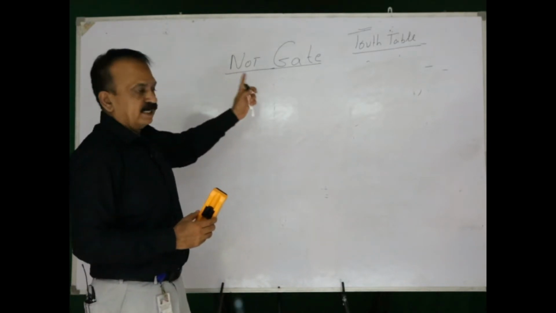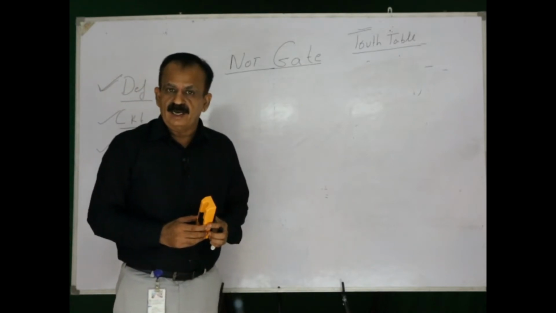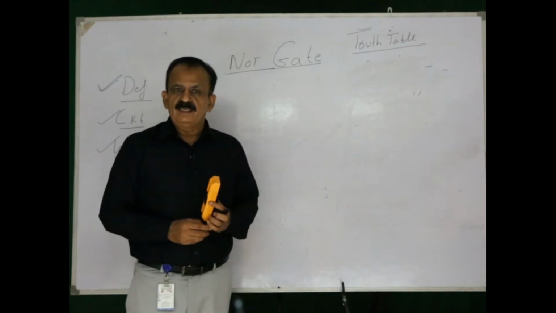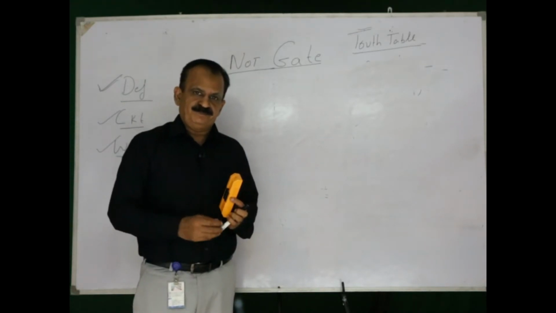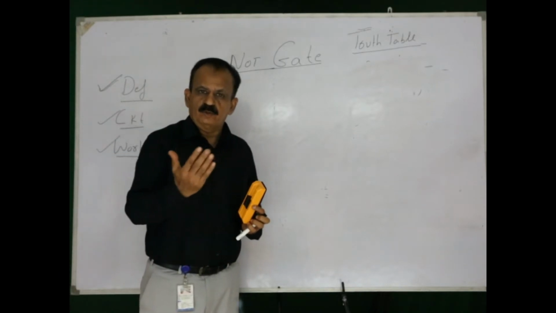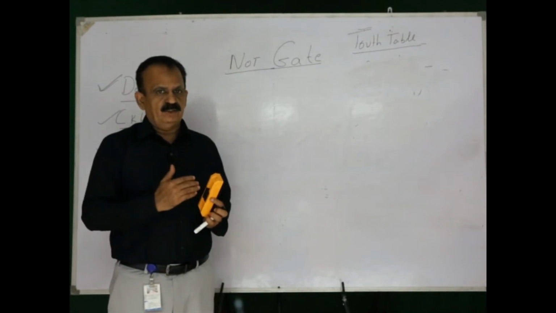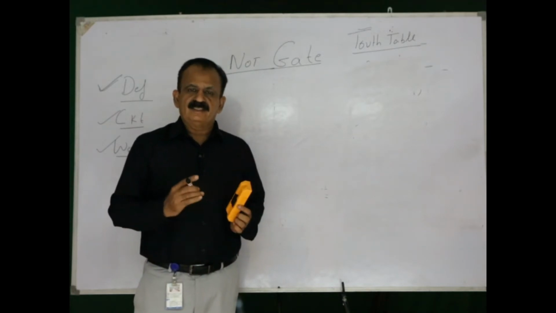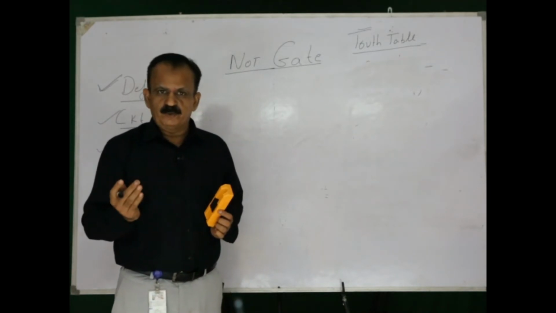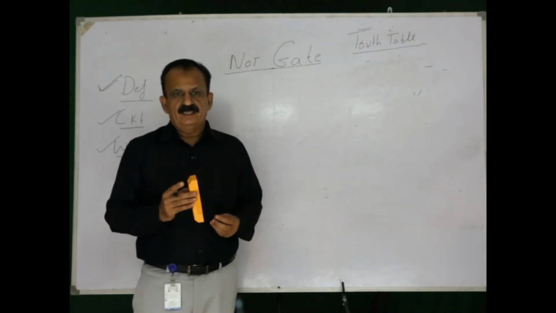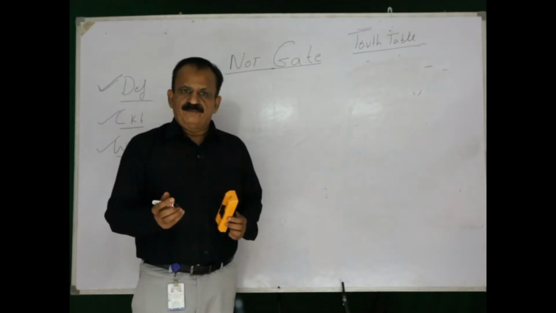Now, it is a circuit with one output and one input. The output will be complement of the input. Complement means if input is 1, the output is going to be 0. If input is 0, the output is going to be 1, right. So, this is a circuit with one output and one input, and the output is going to be complement of input.